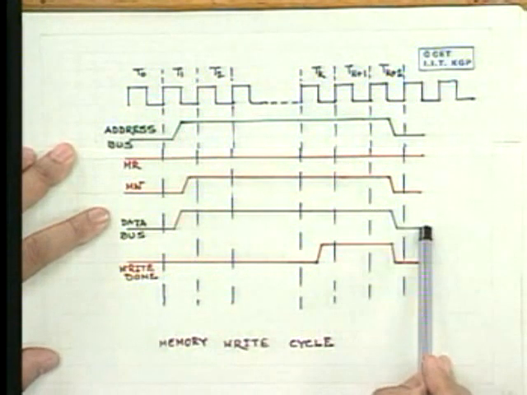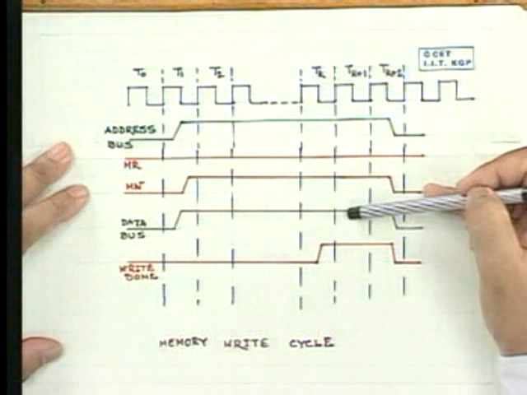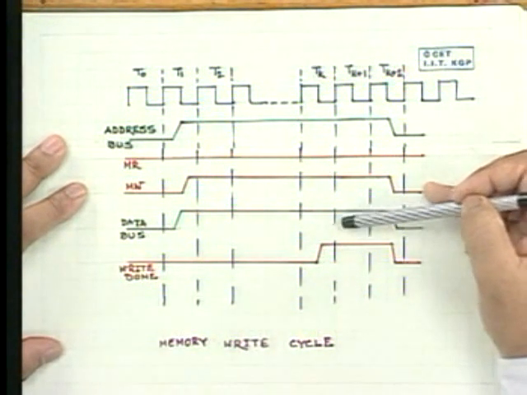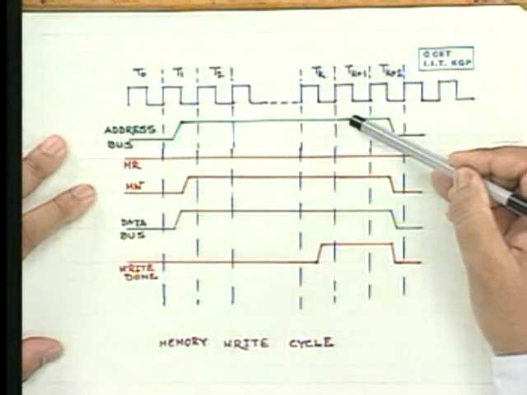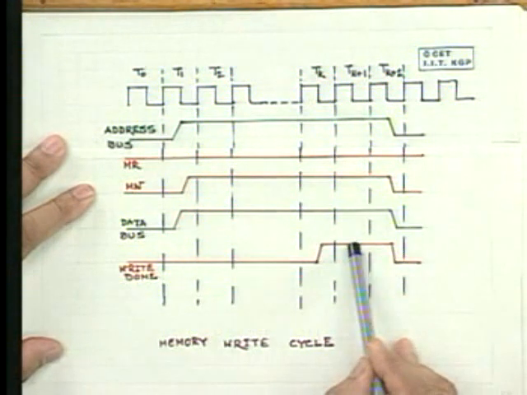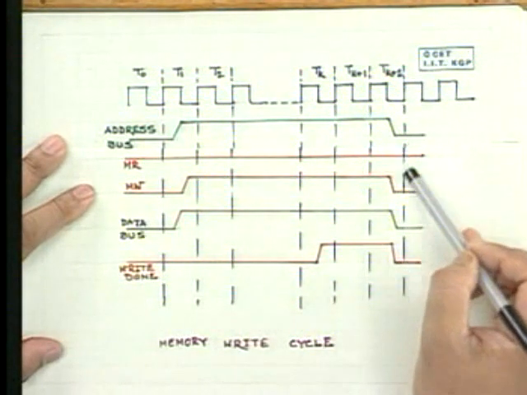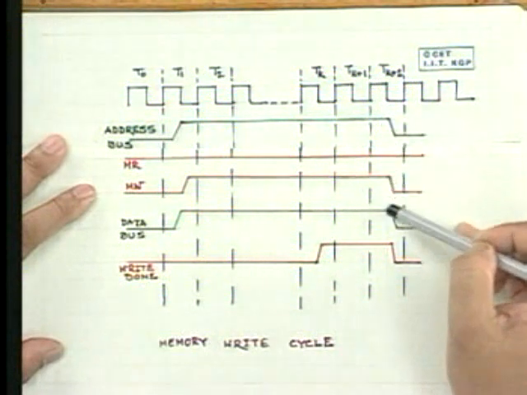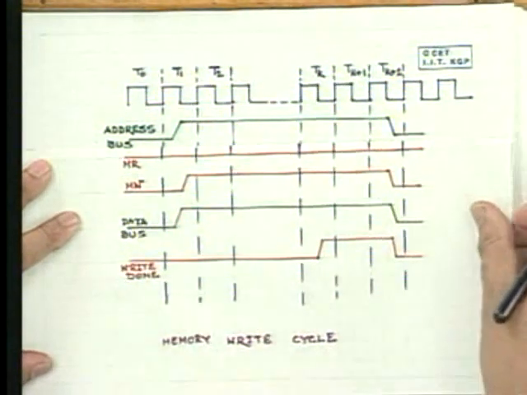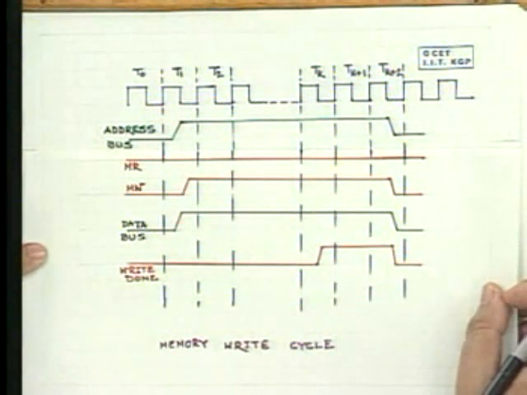At this point, memory, after writing the data into the corresponding memory location pointed to by the address bus, asserts the write done. On getting write done, the CPU withdraws all the signals at say Tk plus 3 or Tk plus 2. Okay, that is the way that the CPU and the memory will talk with each other, will send or receive information, whether it's instruction or data.